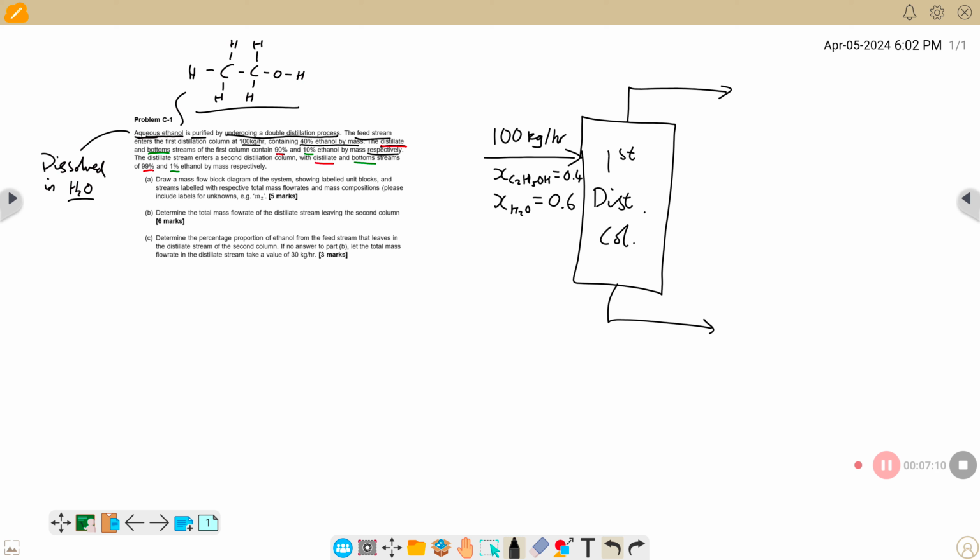The distillate and bottom streams of the first column contain 90% and 10% ethanol by mass respectively. So we don't know the mass flow rate of the distillate and bottom streams, so let's just label them. Let's call that M2 and call that M3. And we know that in the distillate stream we've got 90% ethanol.